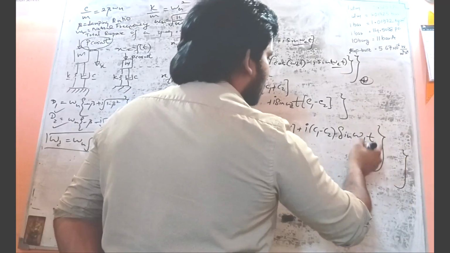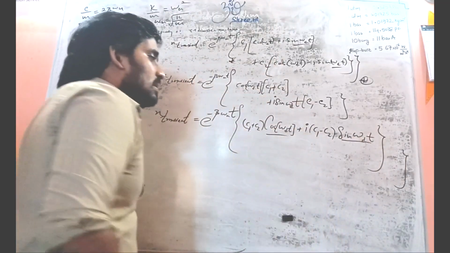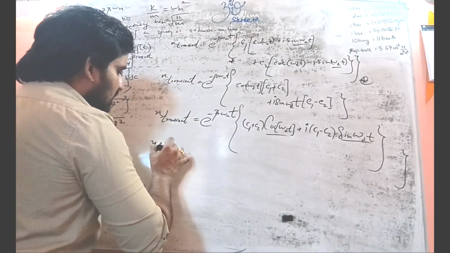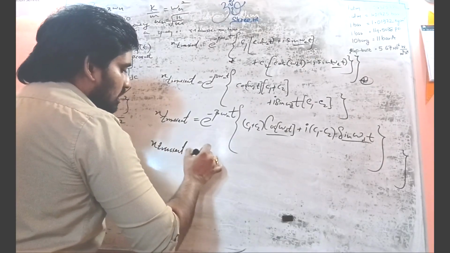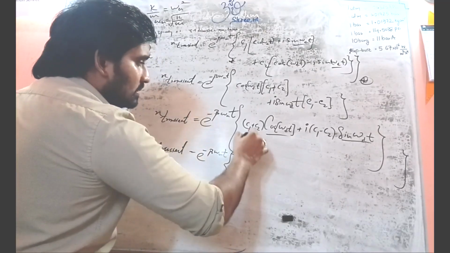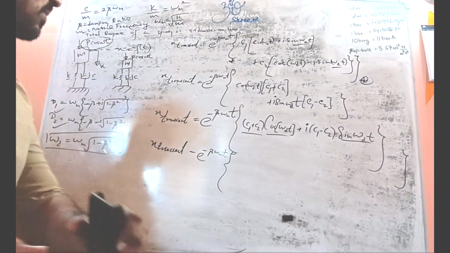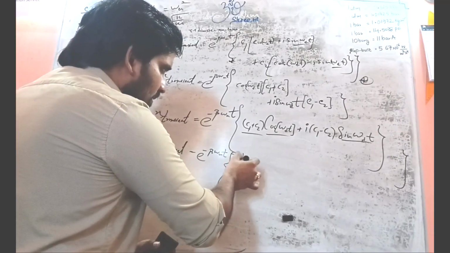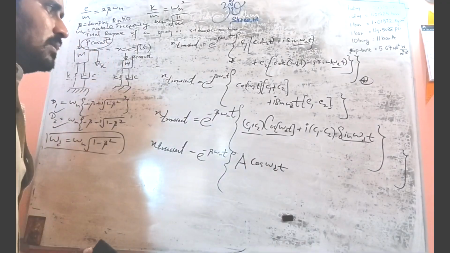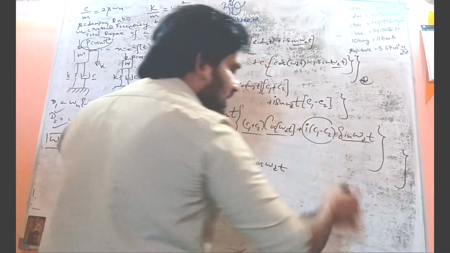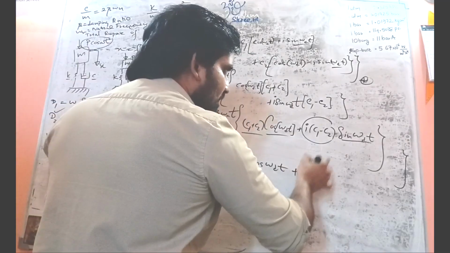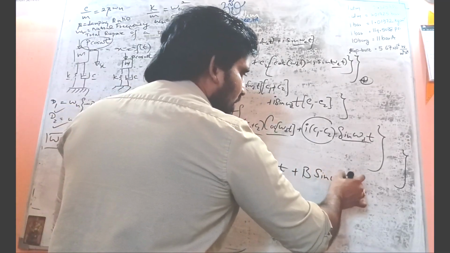All right. Check this one and this one. Now we are still talking about the transient response, e to the power minus beta omega n t. This we will replace with one particular constant, let's call it capital A, cos omega d t. Even though we have the imaginary unit component, it doesn't matter, another constant B times sine omega d t.